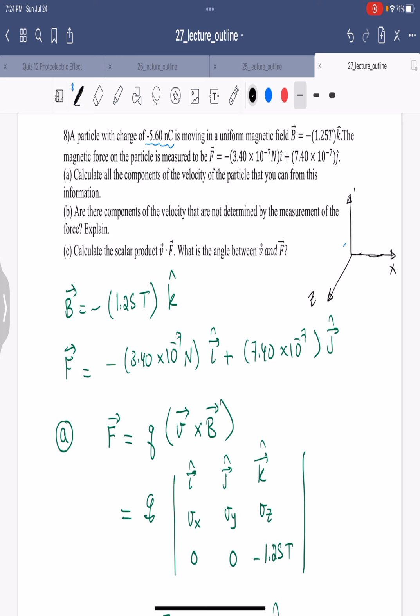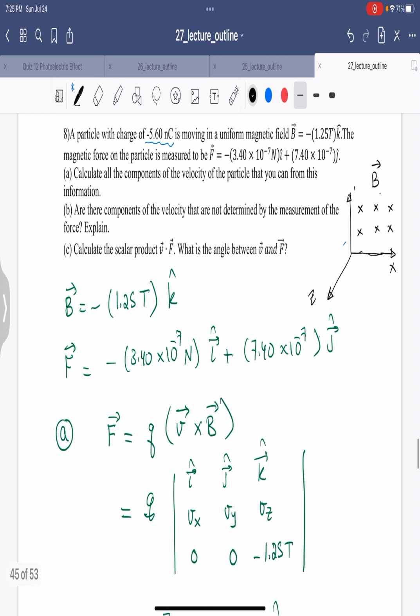Since B is going into the page, this is B. And the force has a negative component in X, and for Y, it is positive.